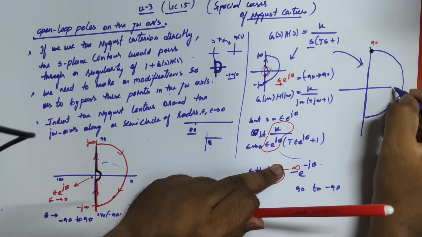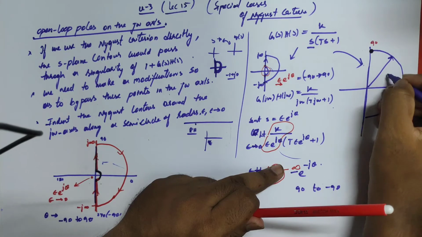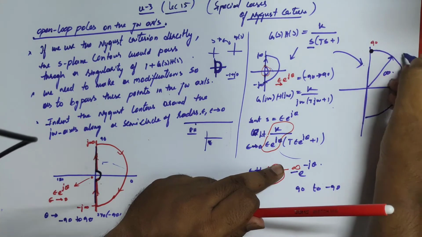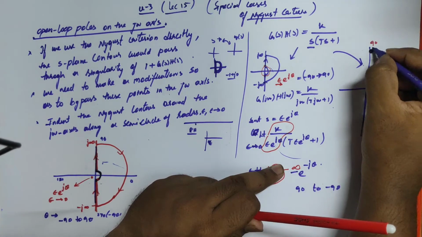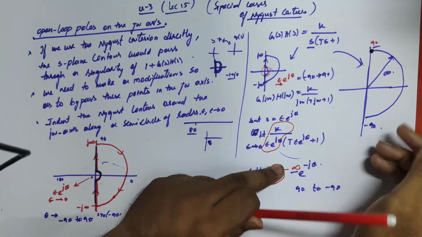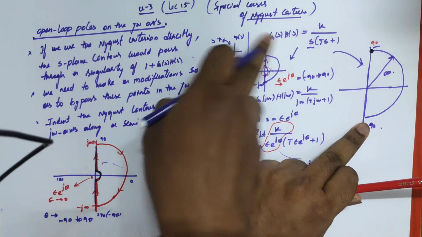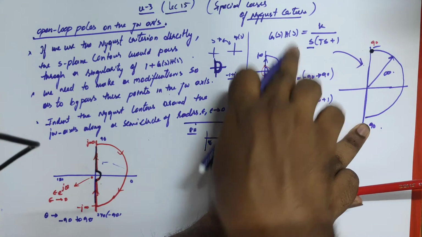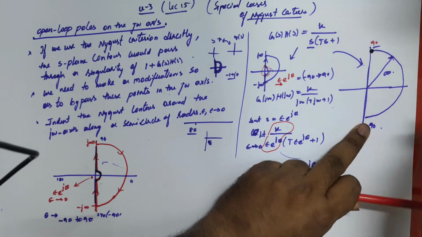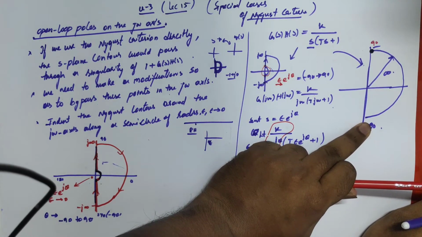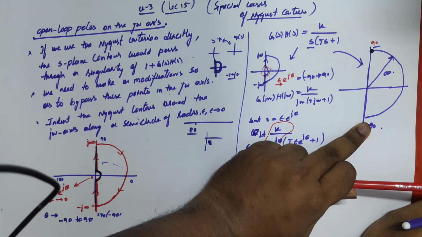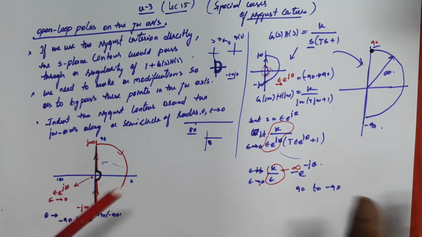With infinite magnitude, I can plot another semicircle from plus 90 to minus 90. If my open loop system has a pole at the origin, I will have a mapping like this. This is the main thing you need to understand. Okay. So this is a major thing.